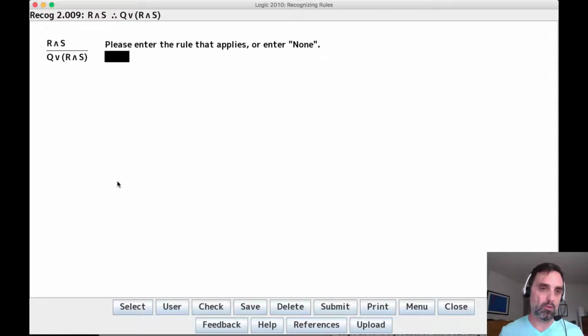R and S, therefore Q or (R and S). Well, it's got a new disjunction in the conclusion. So the question is whether or not any of the disjunction introduction rules apply. And if you remember what they are, it's addition. If you think about what addition says, it says if you have one disjunct of a disjunction, you can infer the disjunction.